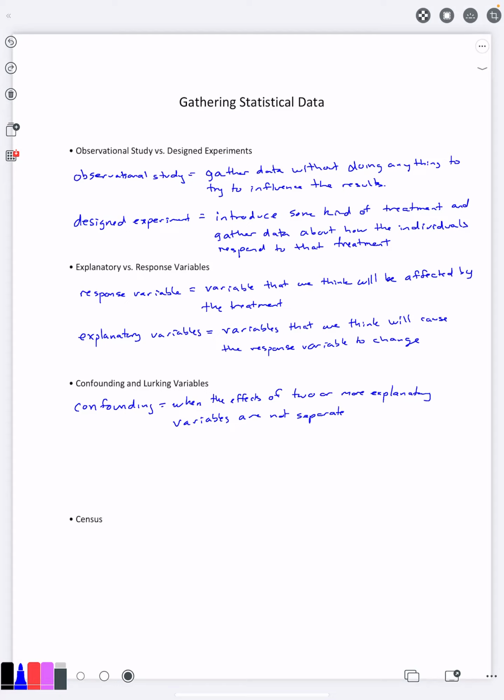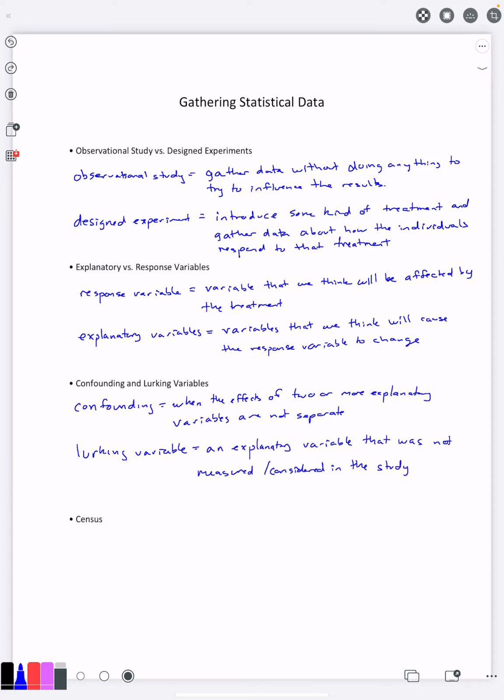Now, lurking is part of this. A lurking variable is an explanatory variable that was not measured or considered in the study.